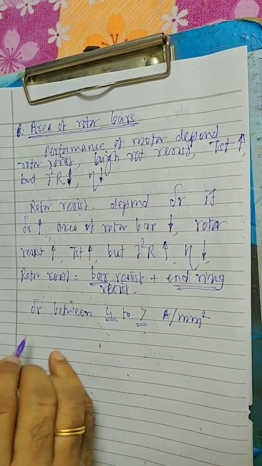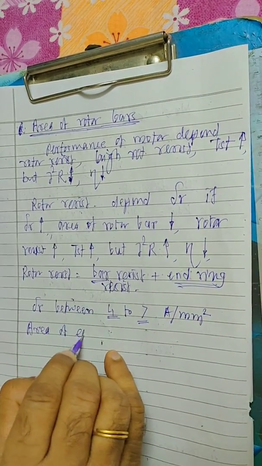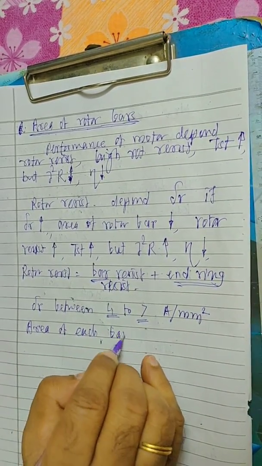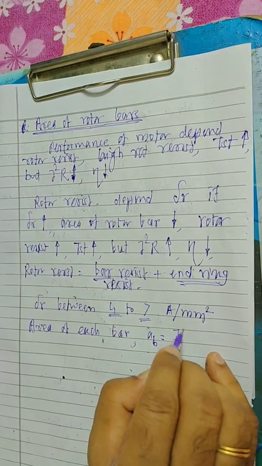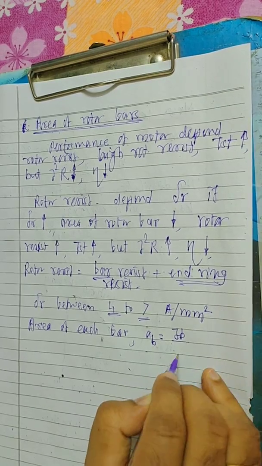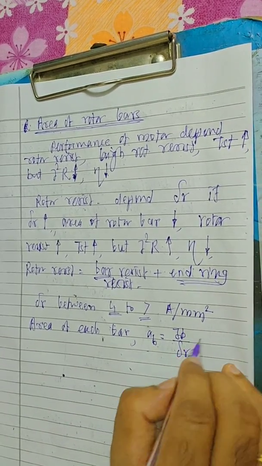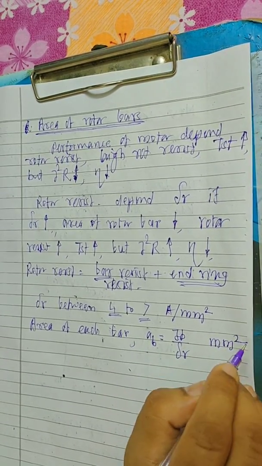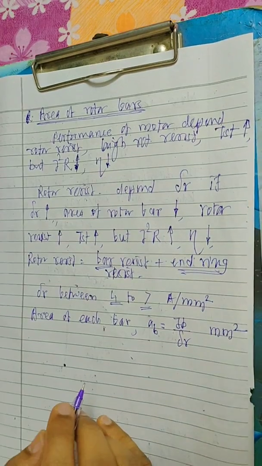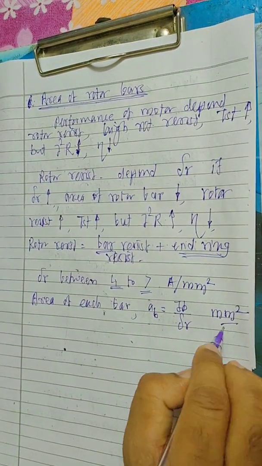Then area of each bar, this is AB, equals current in each bar upon del R, this is in mm square. So current density is ampere per mm square.